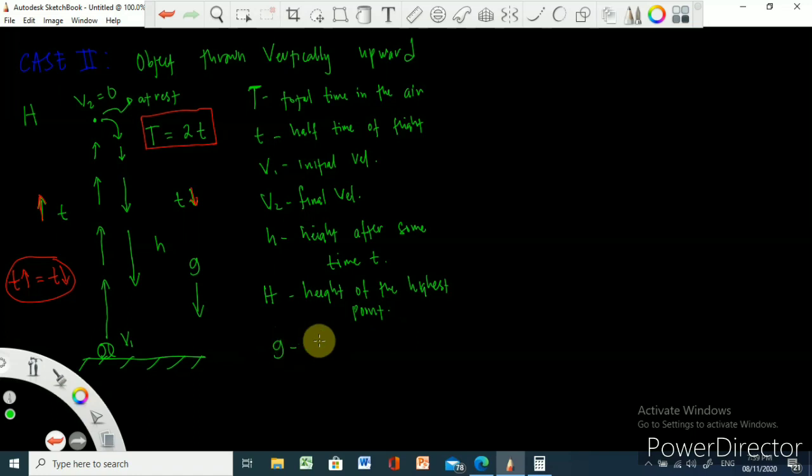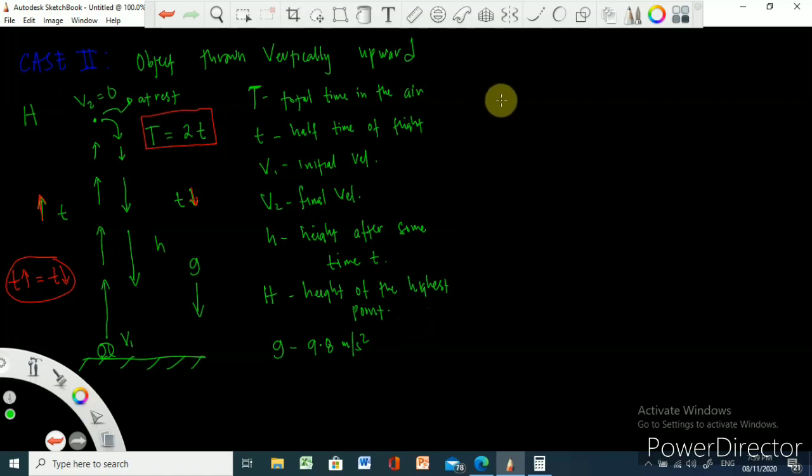Well, g, syempre 9.8. What else? V1, V2, time, capital T, small t, small h, capital H. Okay, so I think that's it, ano? Yan lang naman yun eh.